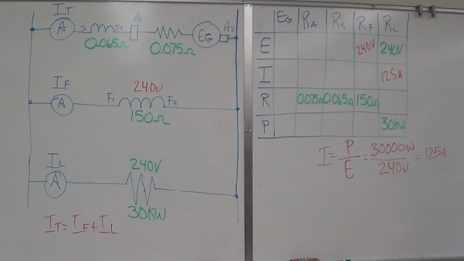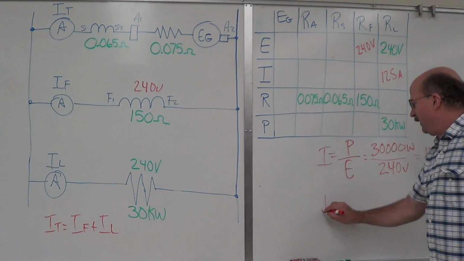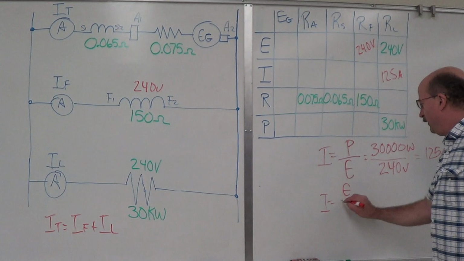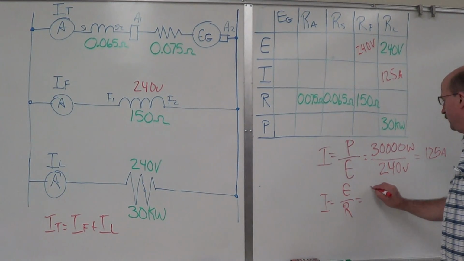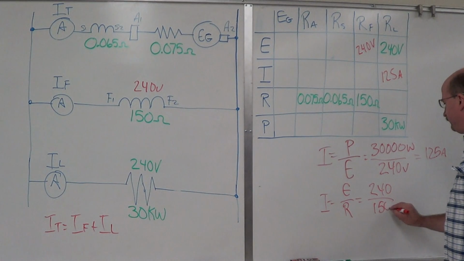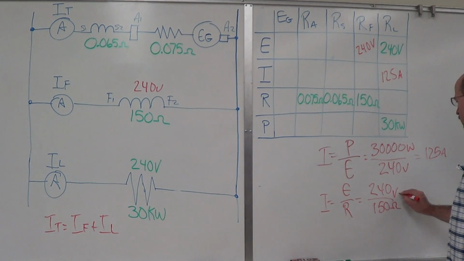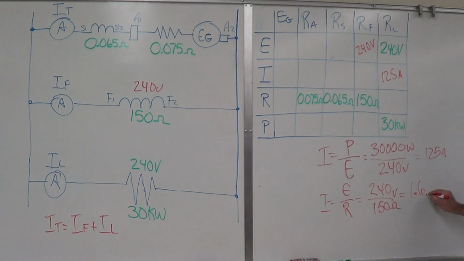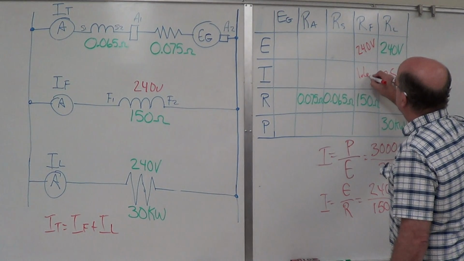Done. How about over here? Well, now you've got I is equal to E over R, 240 divided by 150, 1.6 amps. Right?